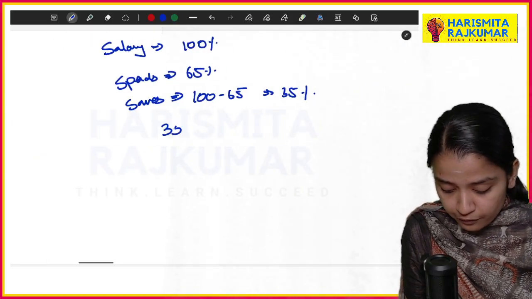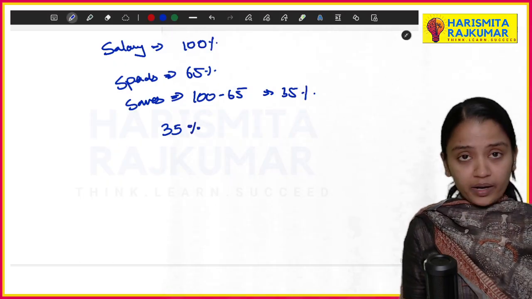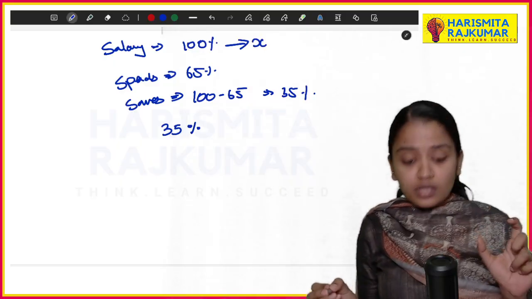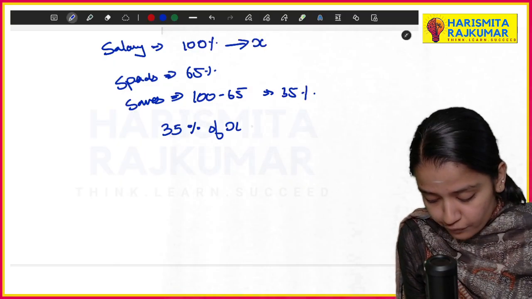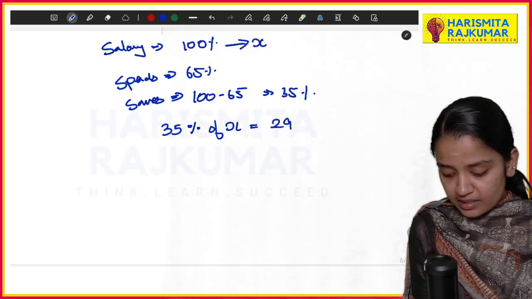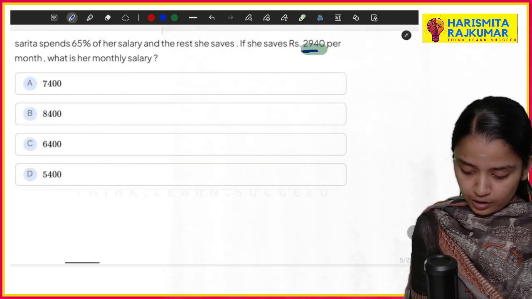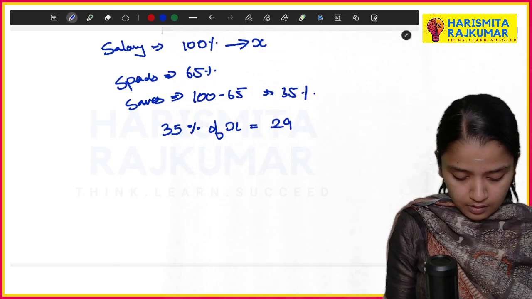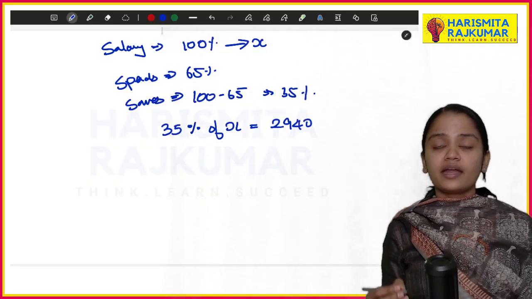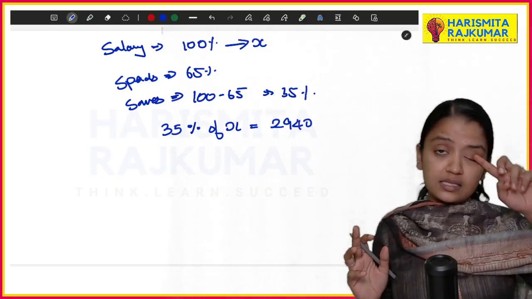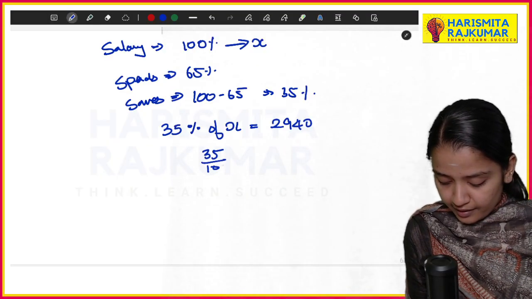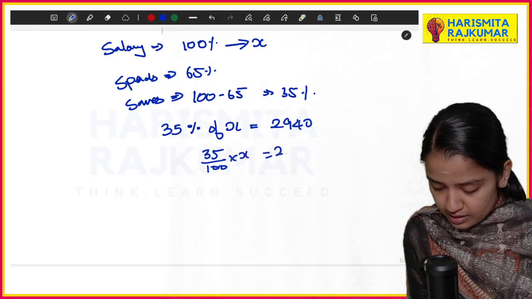So let the salary be X. 35 percentage of X is 2,940. So 35 by 100 into X is 2,940.